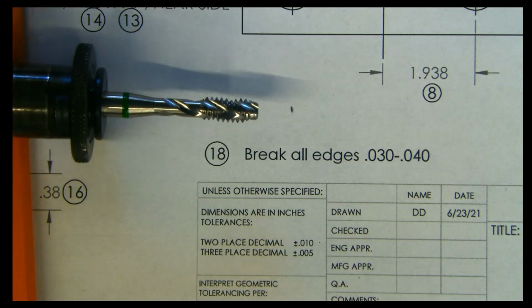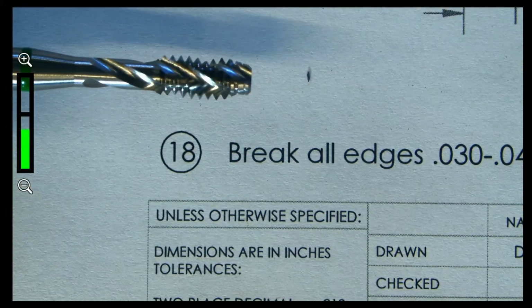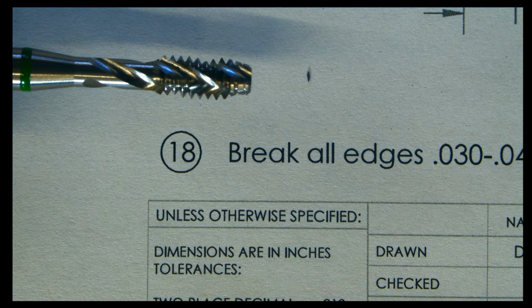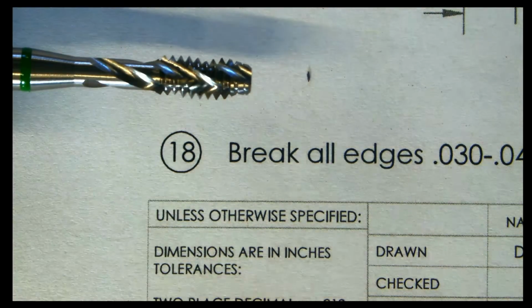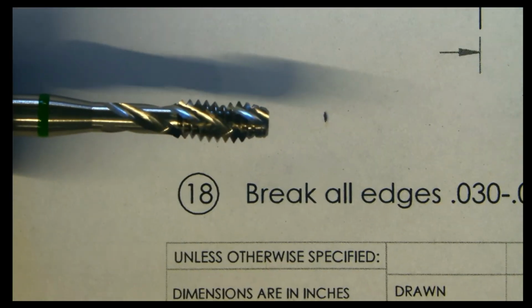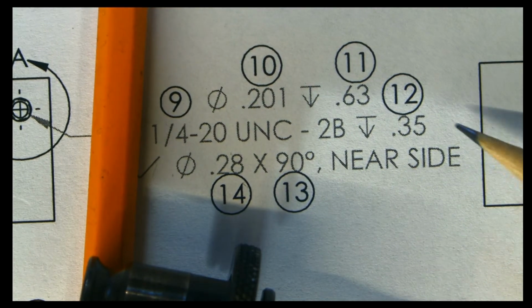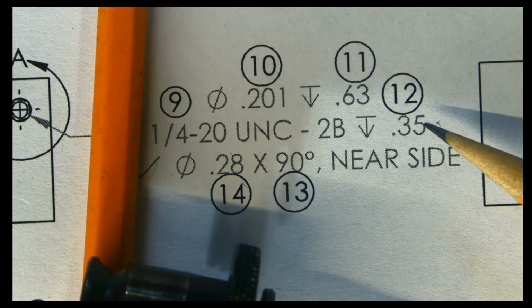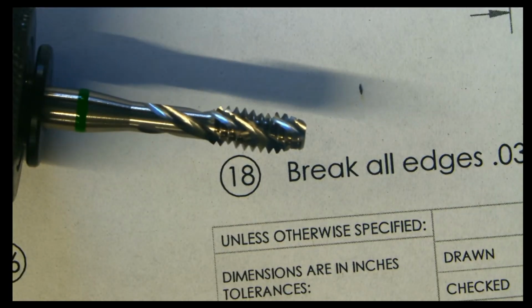So, remember on our drill how we had to compensate for the drill point? Well, we have the same conundrum here. The thread callout, if I can get that in the frame, is to have 350 thou of thread depth, actual thread depth.